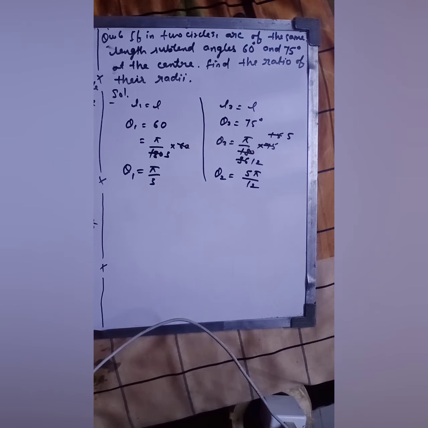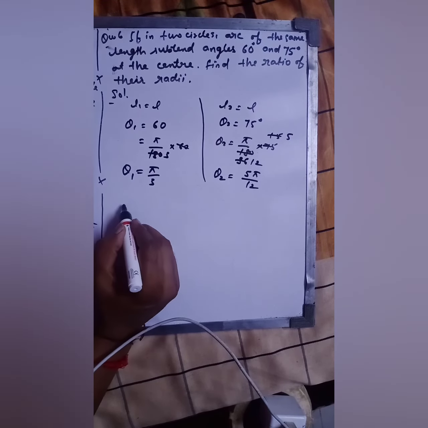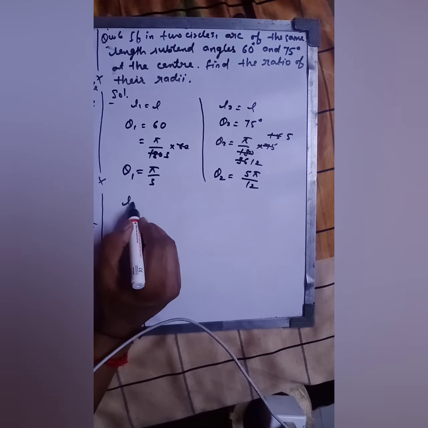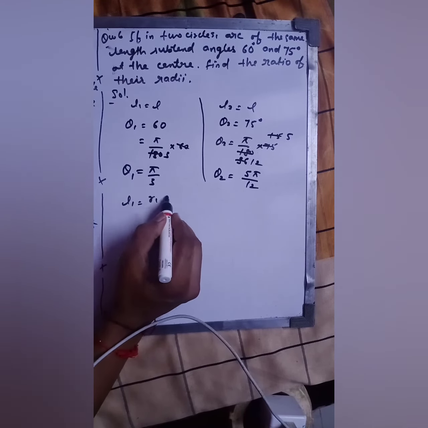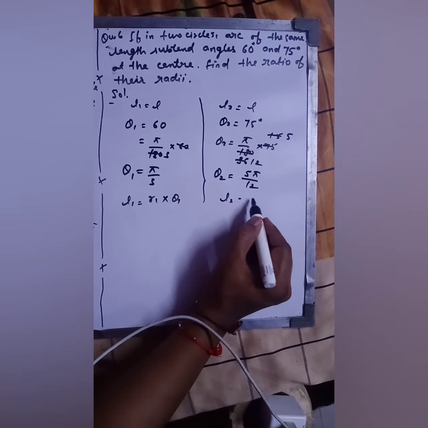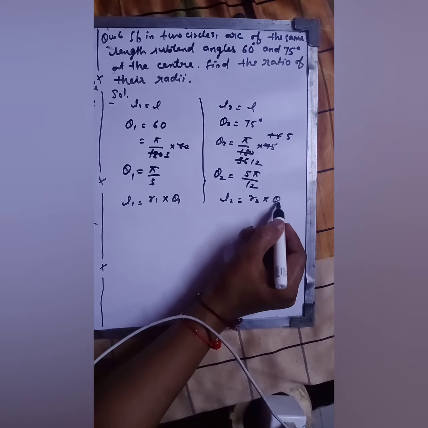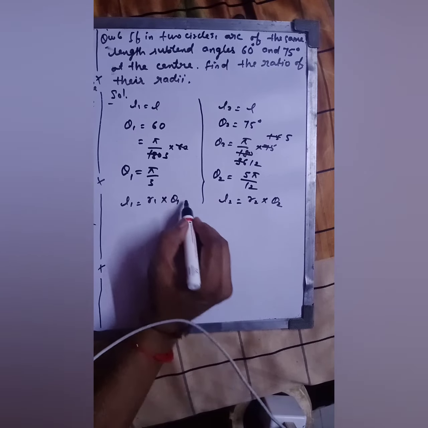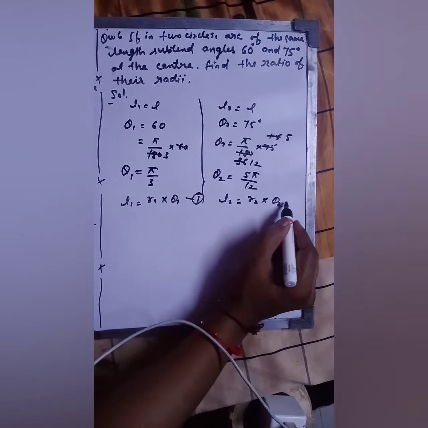Got it? Now your formula for L1 is equal to R1 into theta 1. Similarly your L2 is R2 into theta 2. So this is equation number 1, and this is equation number 2.